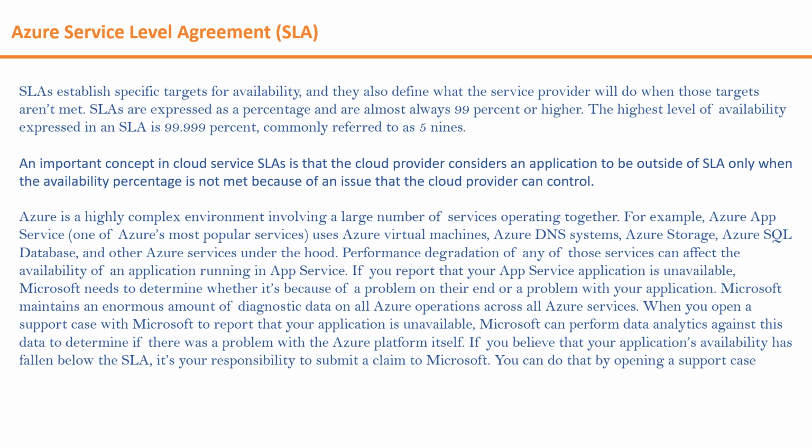If you believe that your application has fallen below the SLA, it's your responsibility to submit a claim to Microsoft. You can also do that by opening a support case. If Microsoft determines that the SLA has not been met, you might receive a credit on your Azure invoice. The amount of credit depends on the duration the SLA was not met and the specific Azure service SLA policy.